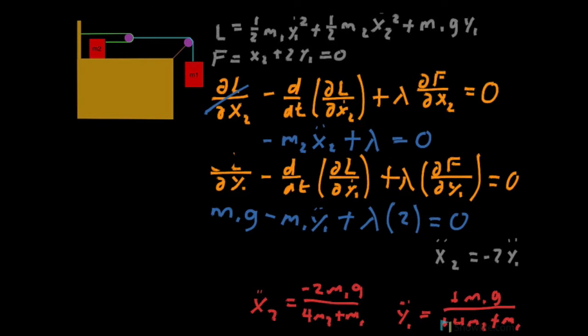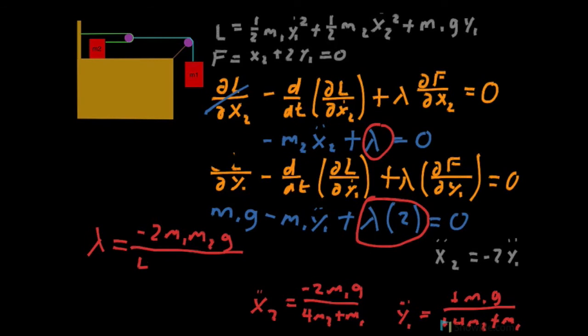And we can also have a look at what I said were the force terms in our equations. And so lambda from the first equation equals m2 times x2 double dot. Lambda equals minus 2 m1 m2 g over 4 m2 plus m1.